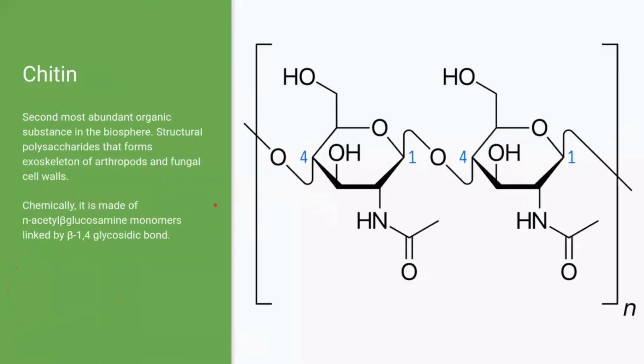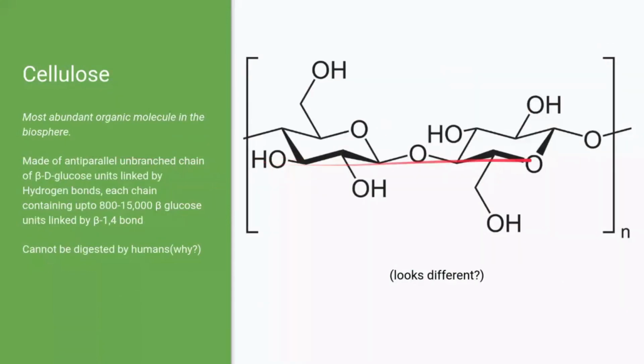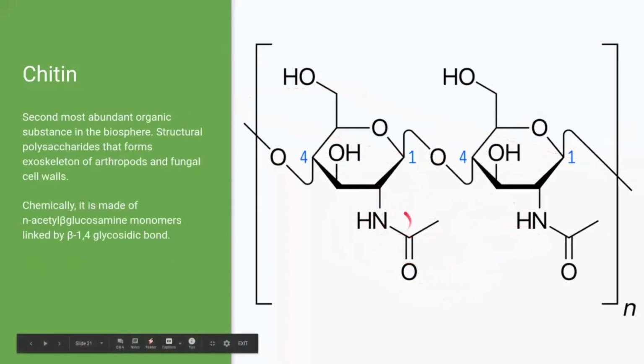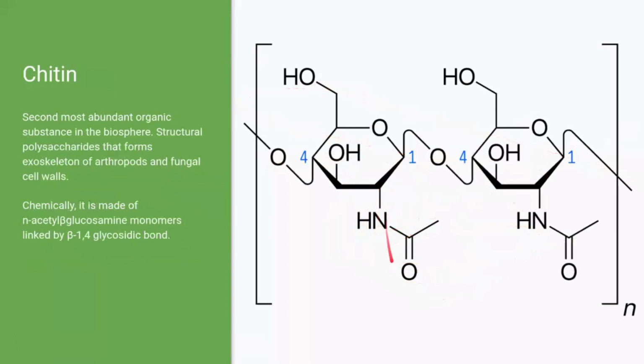Okay, so this is the next type, chitin, the second most abundant organic substance after cellulose. The main difference between starch and chitin is the amine group right here, the acetyl amine group. Amine is because of the N group, and acetyl because of this CCCO.